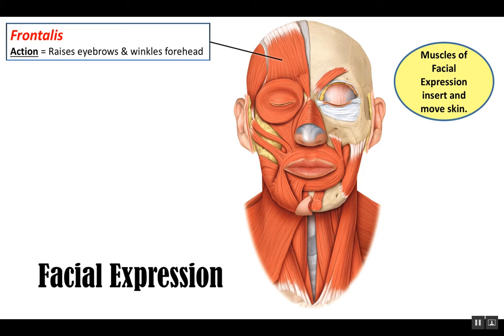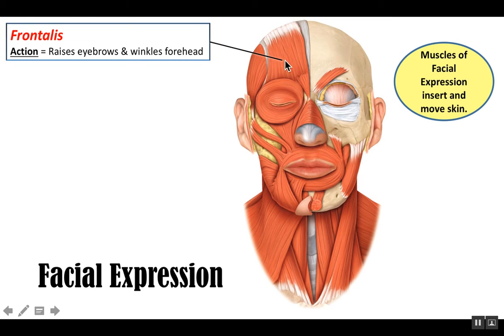It's called the frontalis. It's found right on top of your frontal bone. This muscle has an origin, which is up here. There's a flat tendon on top of your head. It's called an aponeurosis. It's actually known as the epicranial aponeurosis because it's on top of your cranium. But if that's the origin, it doesn't move that.